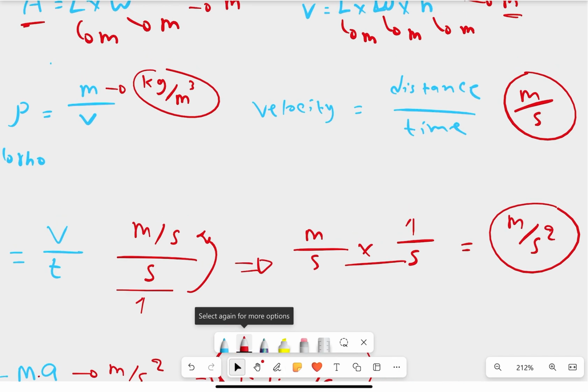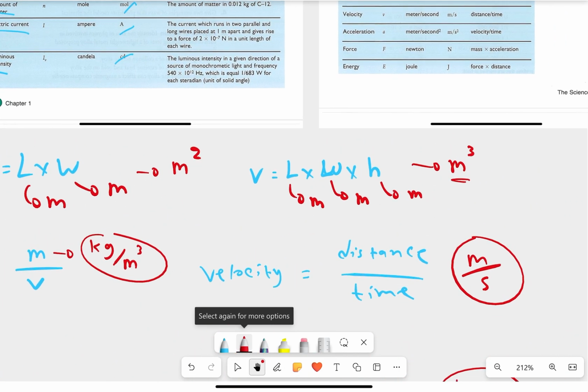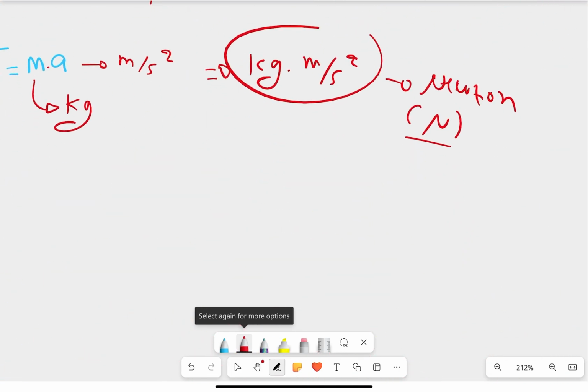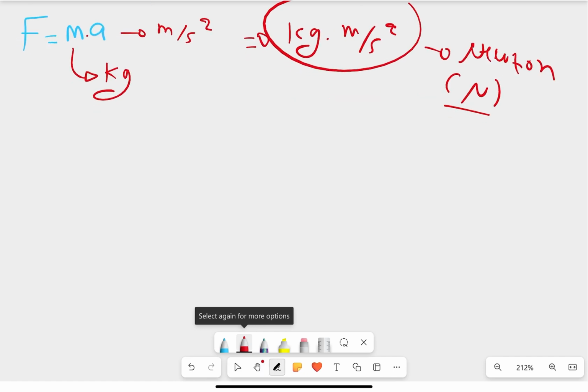Okay, you have energy. Energy is equal to what? Energy is equal to force F times distance. Okay, now you found out that force is measured in Newton and distance is measured in, of course, meters.